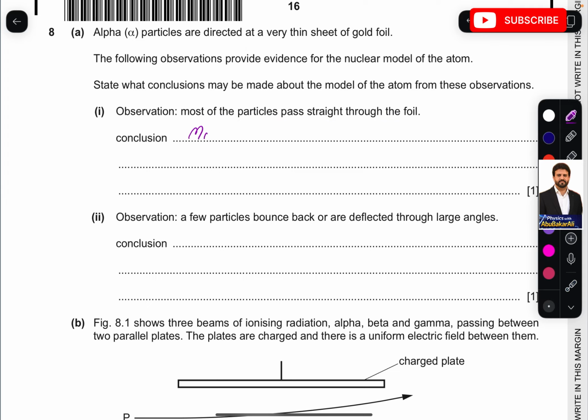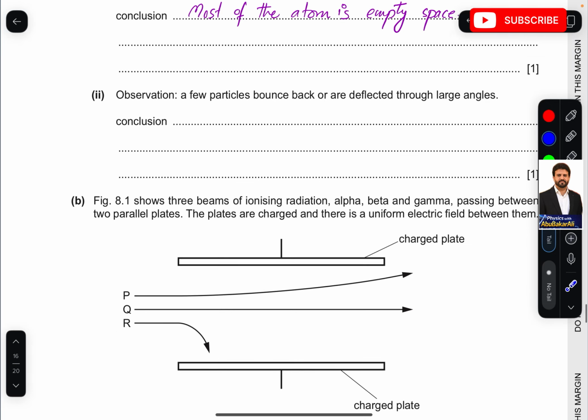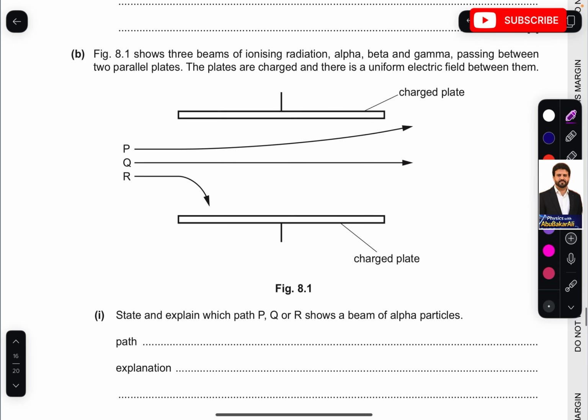The conclusion was most of the atom is empty space. In part B, observation: a few particles bounce back or are deflected through large angles. You have to tell the conclusion. From this, we have concluded that the nucleus has positive charge. Okay, that is the reason why they are deflected.